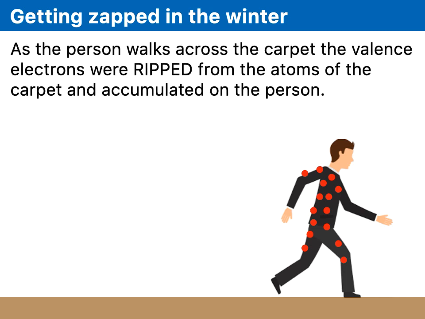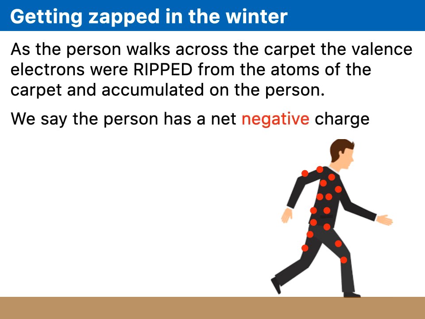As you're accumulating extra electrons, we say you are negatively charged because you have extra electrons. Now, if you touch a doorknob, you get that quick zap. What's happening is all those extra electrons stored on you are going through the doorknob, down the door, into the earth. So that is, you're being discharged. It's not exactly like charging a battery, but similar.